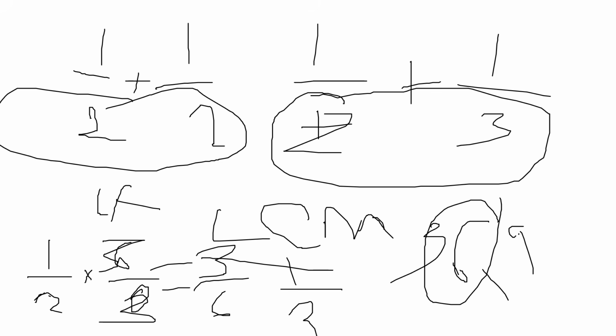1/3. And then times 2, because we found it when we were multiplying by 2. And then we're multiplying both by 2, and then it's 2/6. Now we add. Now these are not 1/2 and 1/3 anymore.